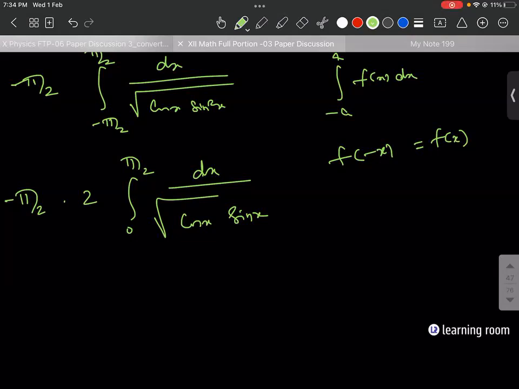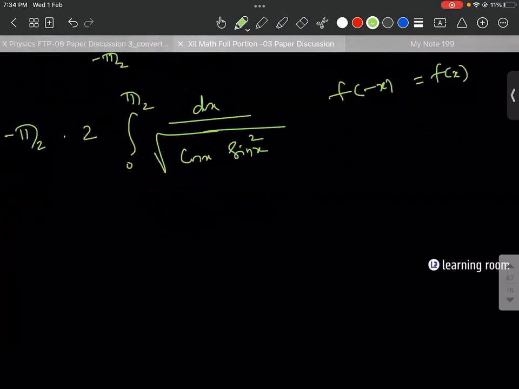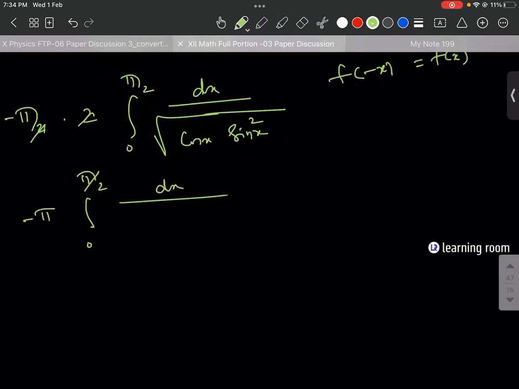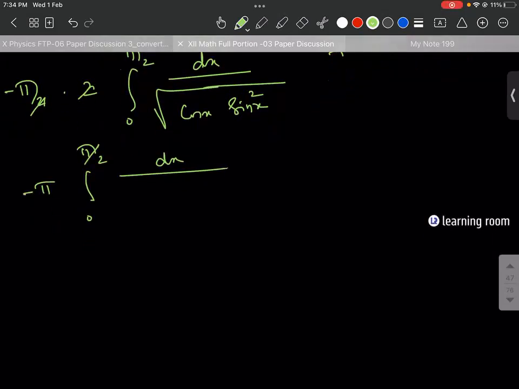Yeah. So root of cos x into sin square x. Is there something we can do with respect to sin square x? So 2 and 2 will get cancelled. Minus pi into integral of 0 to pi by 2 dx divided by root of cos x into sin square x. Can I write it as 1 minus cos square x? Can I do this? Yes, sir.